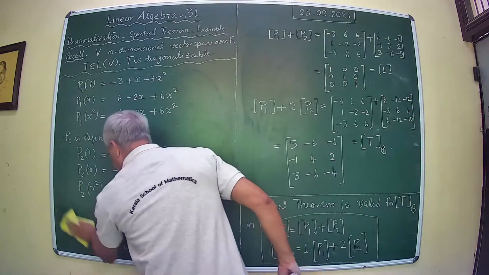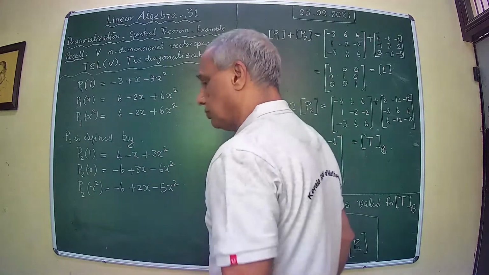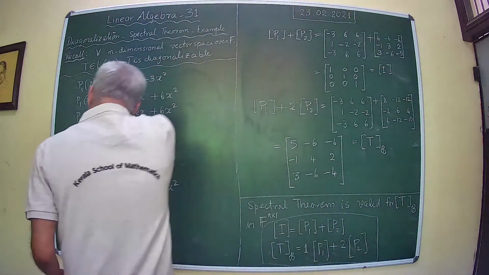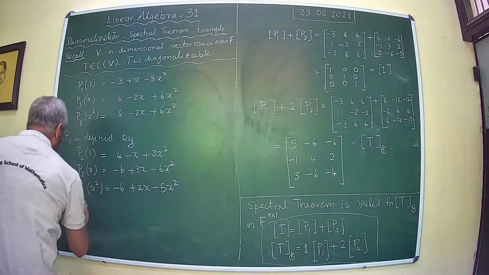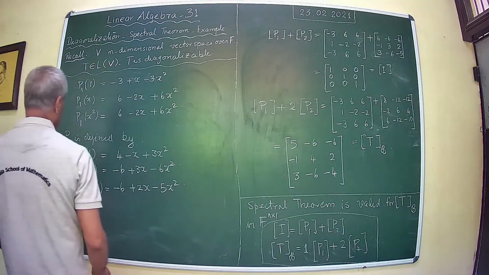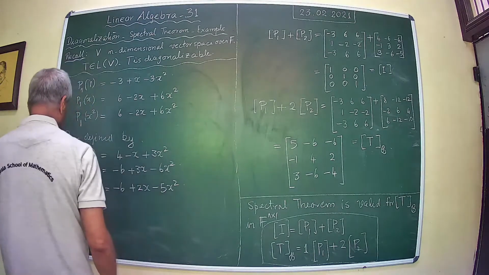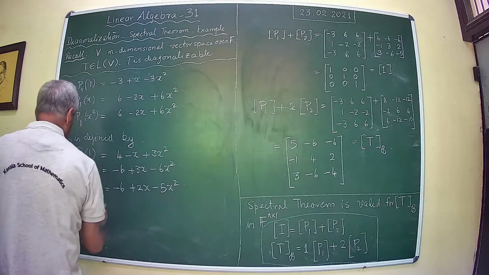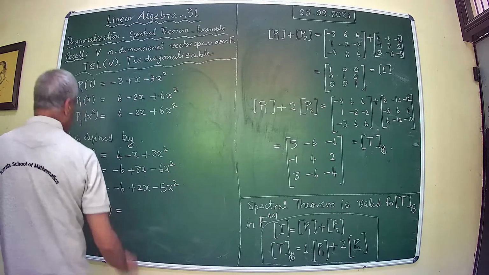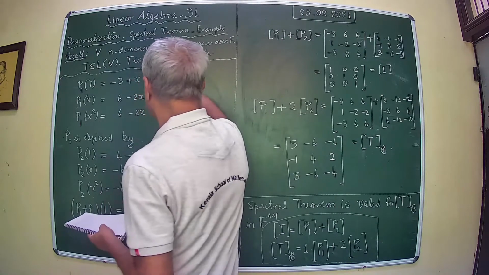Now let us check what happens to P1 plus P2 of 1. So P1 plus P2 of 1 is equal to, see, you are adding these two.